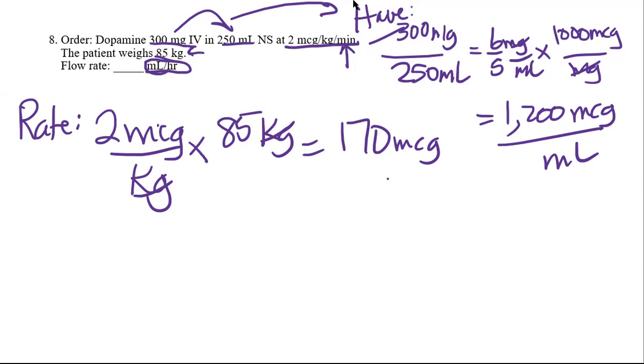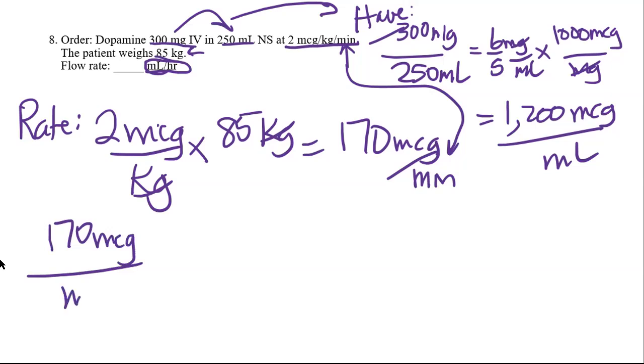Now we're going to get our minutes back, micrograms per minute. So we know we're giving 170 micrograms per minute based on this weight here. And what we still want is milliliters per hour. So let's start with this rate, 170 micrograms per minute, and times, and then we'll look at what we have up here.